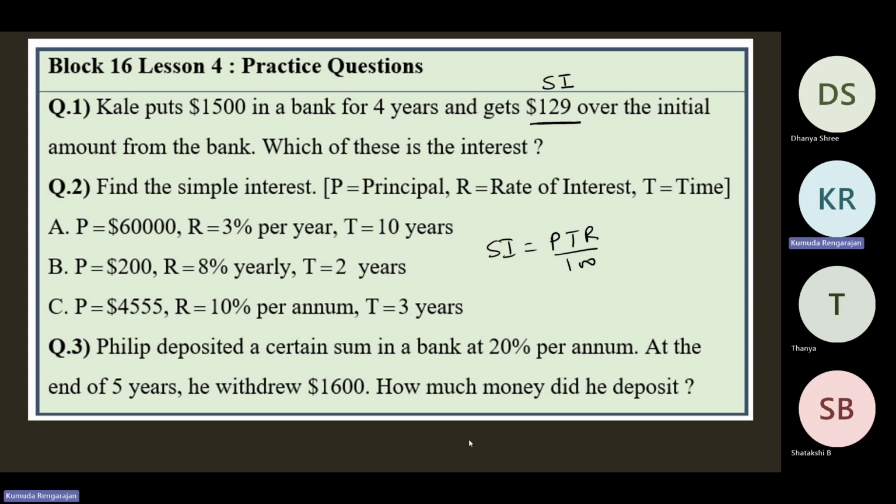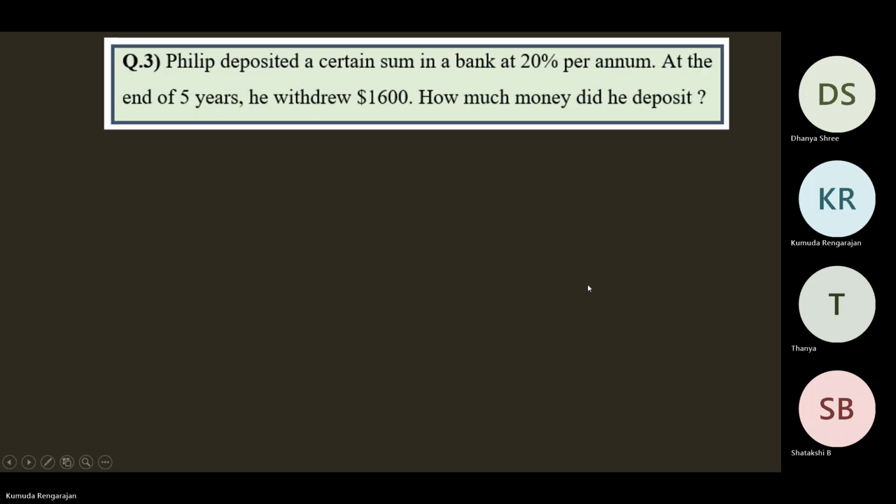The next one: Philip deposited a certain sum in a bank at 20% per annum. At the end of 5 years, he withdrew $1,600. How much money did he deposit? So Philip deposited a certain amount in a bank.